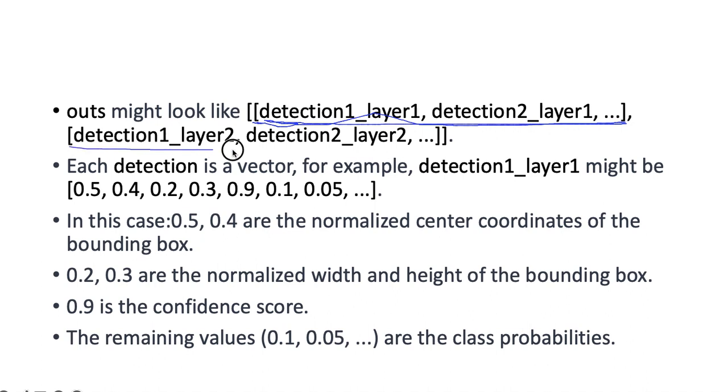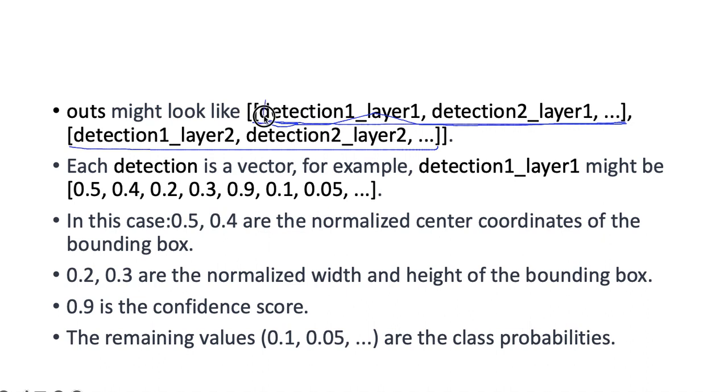This is the second component or second value inside this outs. This itself is an array and contains the list of the objects detected by the second output layer, and so on and so forth.